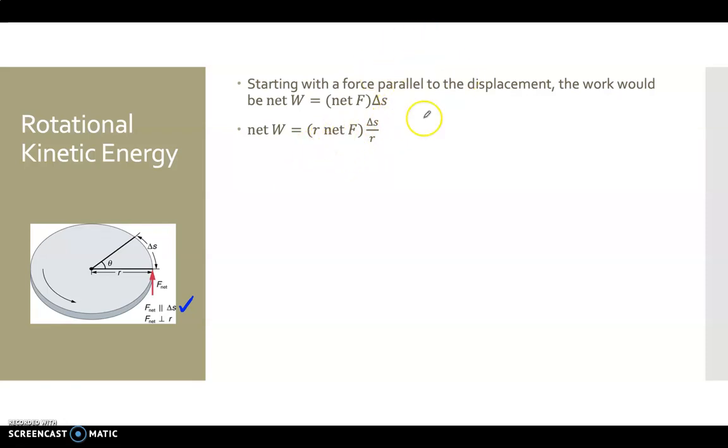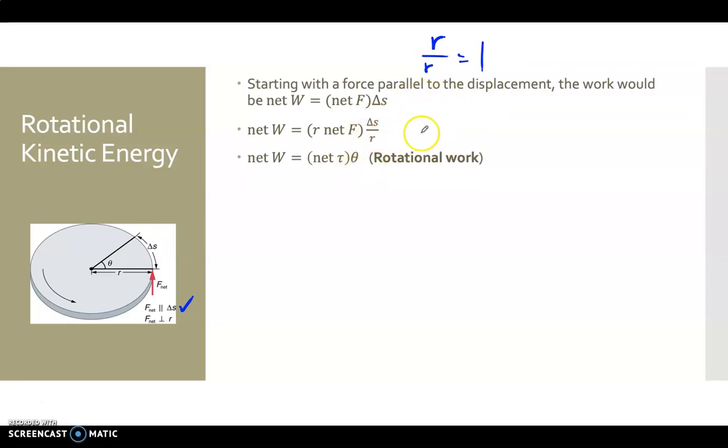The reason we can do that, like we did earlier, is that R over R is just equal to 1, so we're able to manipulate equations like this. Now we can call F times R torque, as we saw previously, and delta S over R is theta.